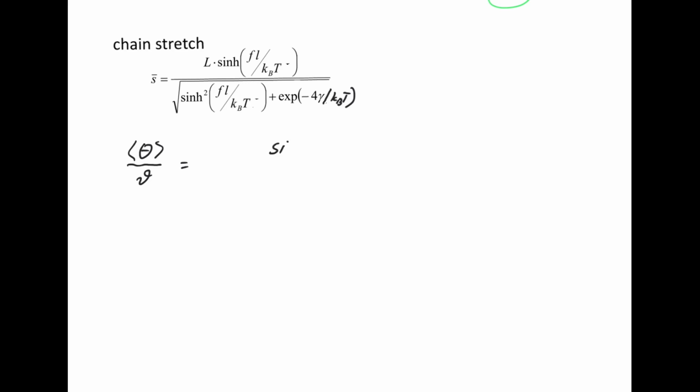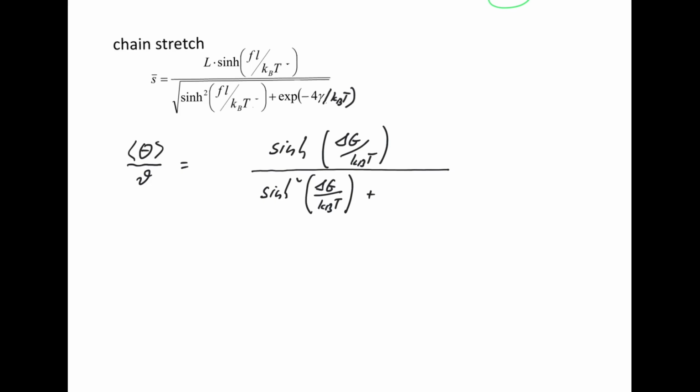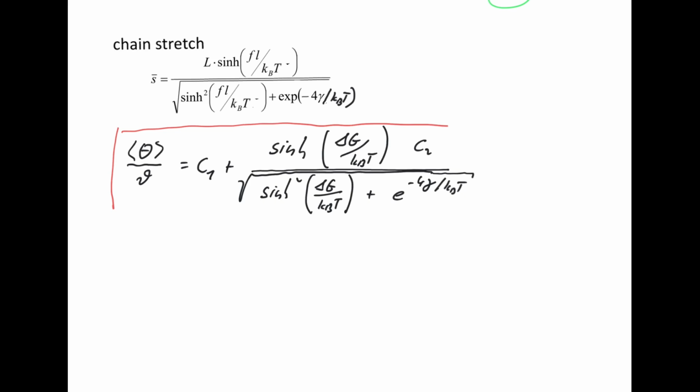And what we obtain is that the mean rotation angle divided by the instantaneous rotation angle is equal to sinh of delta G divided by kBT, divided by the square root of sinh squared of delta G divided by kBT plus e to the power minus gamma divided by kBT. Further, we have to add some calibration factors C1 and C2, where C1 describes an offset in the rotation, and C2 is the scaling factor that describes our observations.